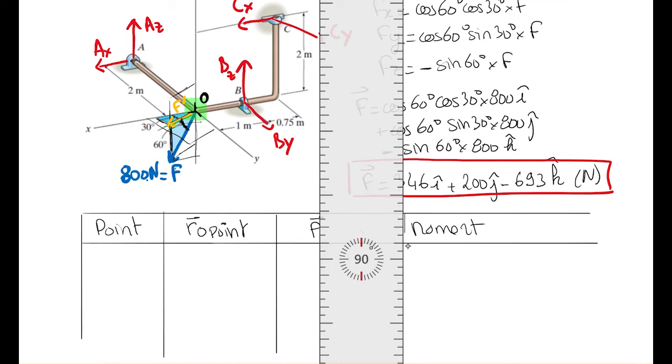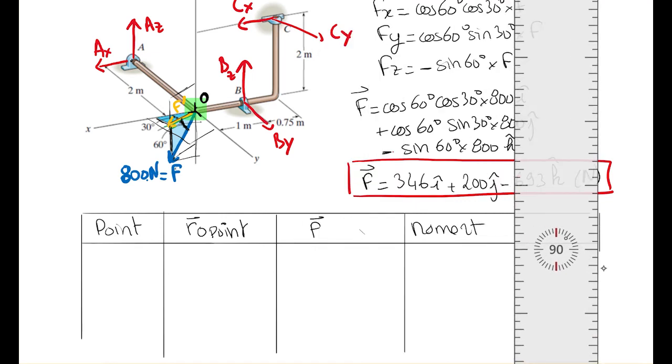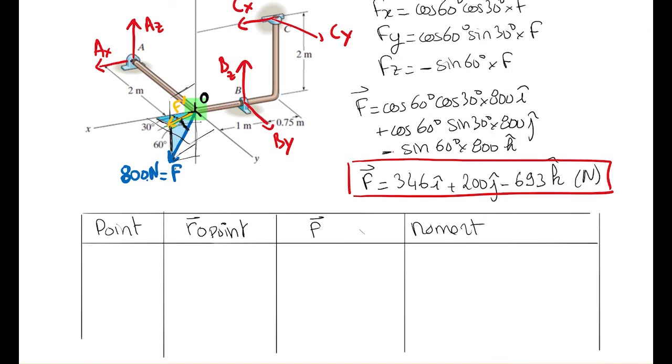I know, that will be challenging. I never have enough space, either on a regular whiteboard or on my tablet. So at the point O, R O O is equal to 0. The force F is equal to this crazy force there, and the moment is equal to 0 because we multiply by 0.